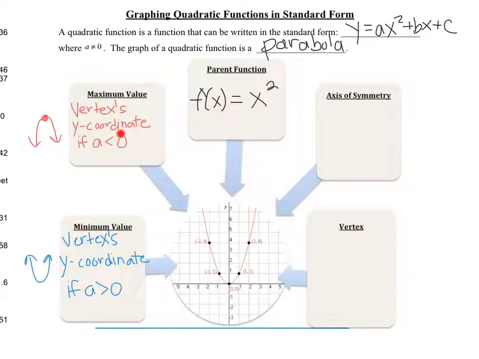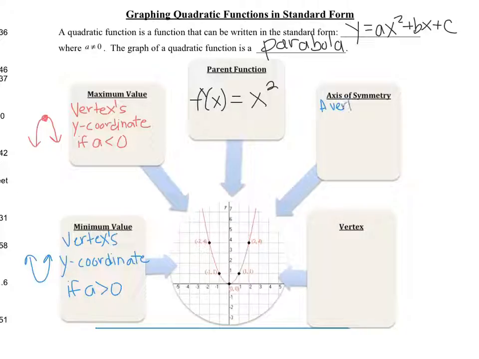Or if we change a to be a negative, it flips the whole thing upside down, frowny face, and it now has a maximum value. The vertex, the center point, is now the highest point on the parabola. The axis of symmetry is an imaginary vertical line that goes straight down through the center of the parabola and divides it into mirror images.